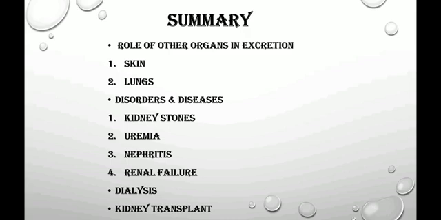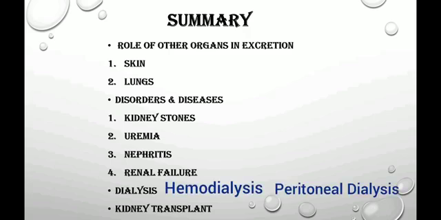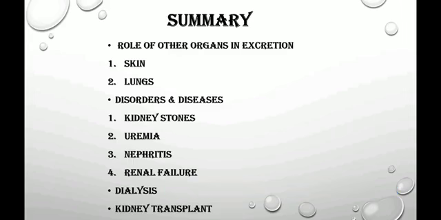Then we studied disorders and diseases, in that, kidney stones, their symptoms, diagnosis, uremia, nephritis, and renal failure. Then we studied dialysis, and two types of dialysis: one was hemodialysis, the other was peritoneal dialysis. Then we studied kidney transplant.